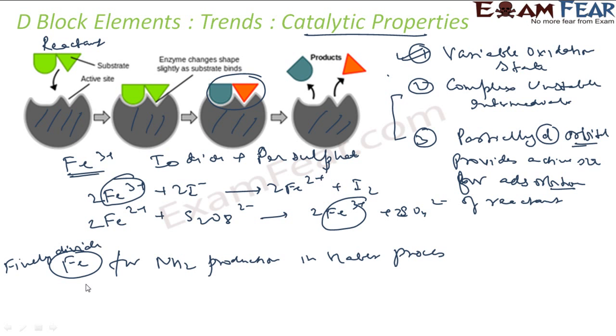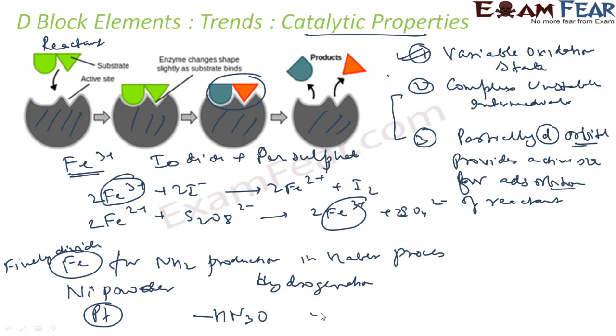Another example is nickel powder, which is used as a catalyst in the hydrogenation of unsaturated hydrocarbons. We have seen that. Again, finely divided platinum is used as a catalyst to manufacture nitric acid by the Ostwald process.